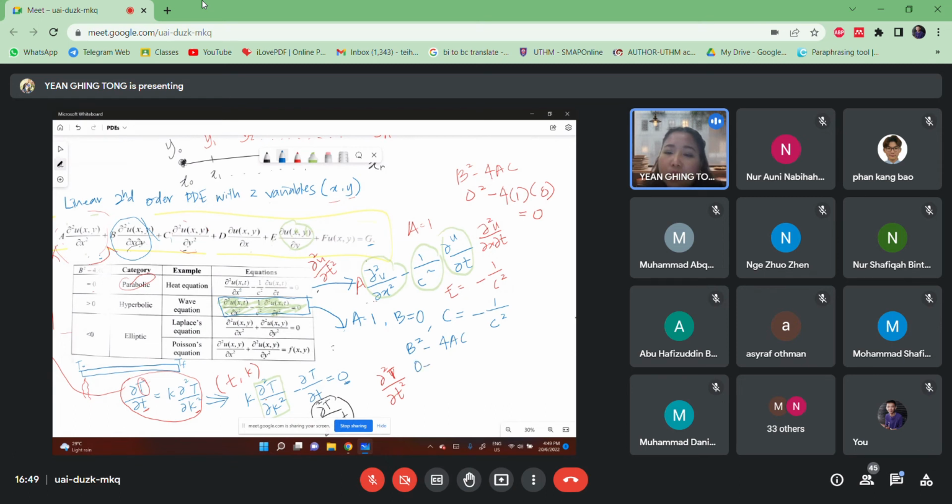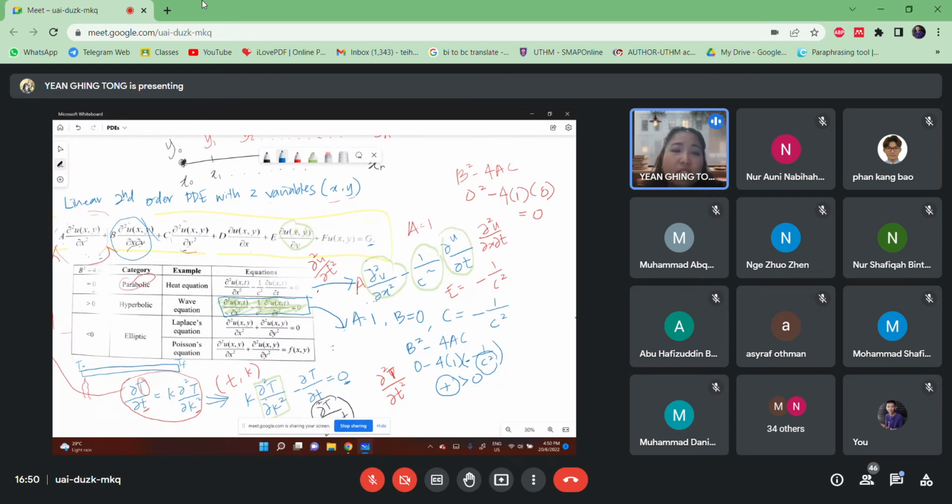B is zero, right? 4 times A times C. So this one, negative 4 times negative is positive. It must be positive for this value, so for sure it becomes more than 0 because this is squared. If the value is negative, it's squared and can still get a positive value. And here the value in front is negative, so negative times negative becomes positive. So for sure we get a positive value, which means this will be more than 0.